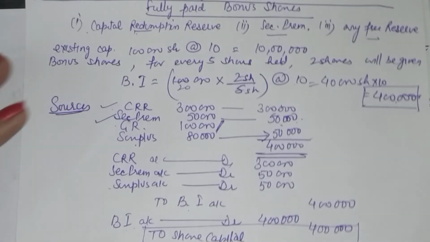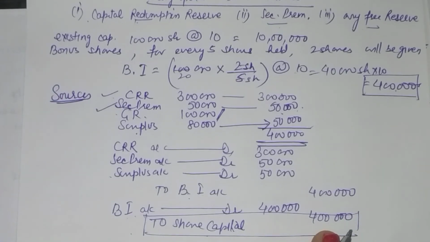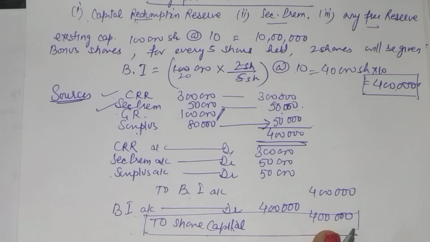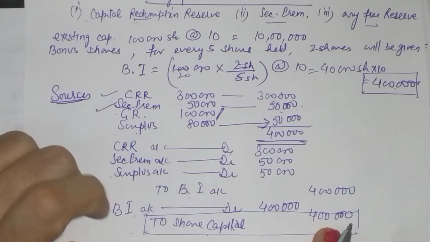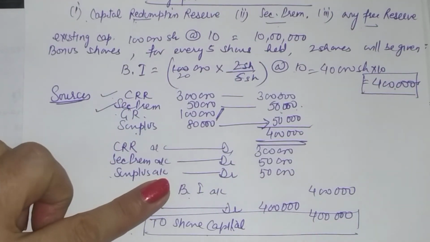So in the notes to balance sheet, you will add up capital of 4 lakh rupees for bonus issue. Because as per the Companies Act rules, any change in the capital must be fully explained. So this will be explained in the notes to balance sheet. Now bonus issue was created and utilized, so nothing in this will come in the balance sheet.